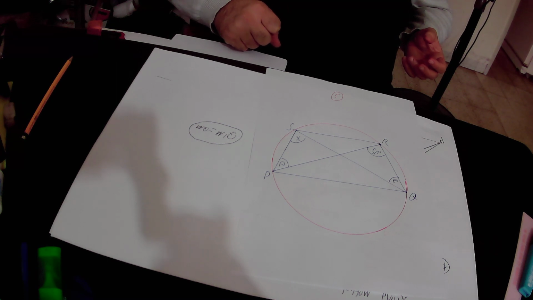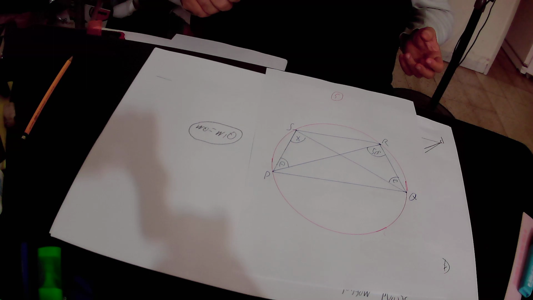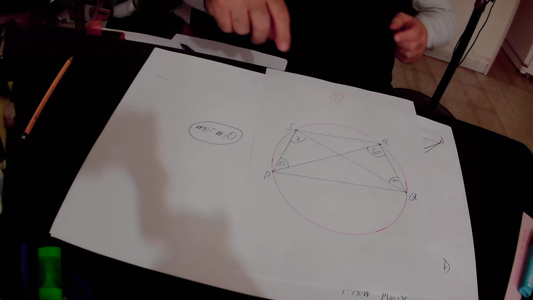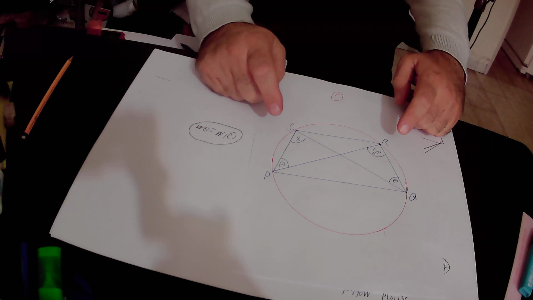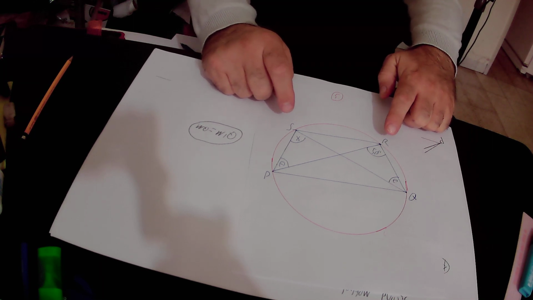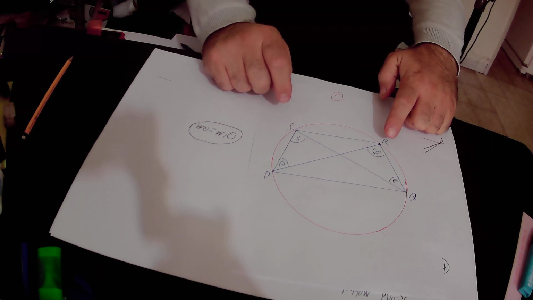So we have also rule number 2 that states that peripheral angles that lie on the same chord are equal to each other. So here we have two peripheral angles, peripheral angle X and peripheral angle PRQ, that equals 50 degrees.